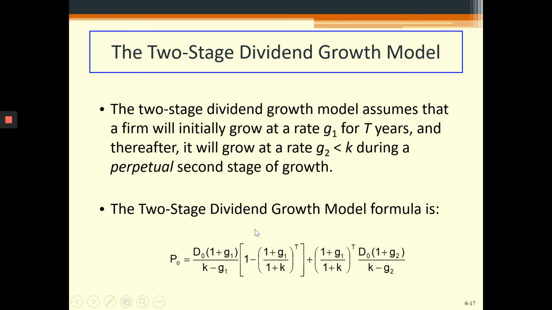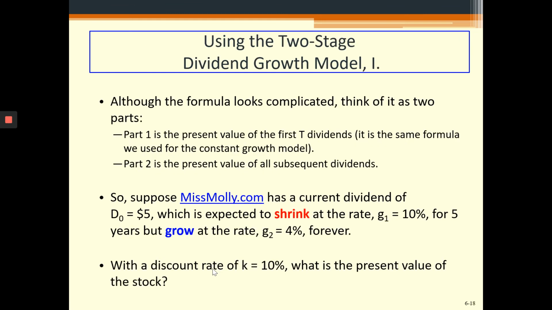Now, what is the first part over here? It is the same part which we have seen in the first part of the stock valuation video, where the dividend is growing at the same rate, G1 in this case, for T years.